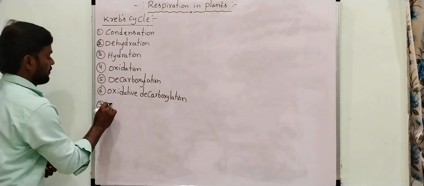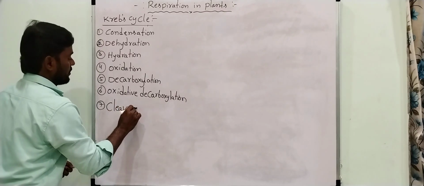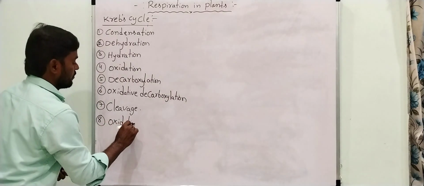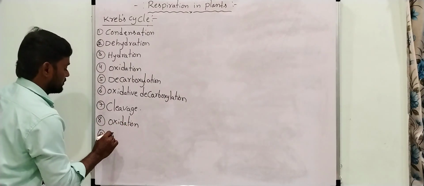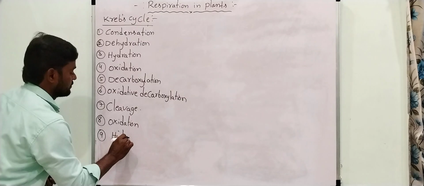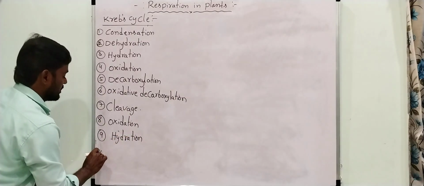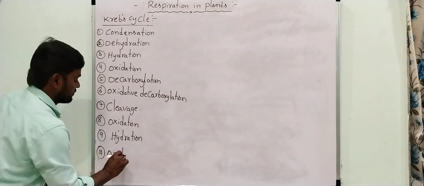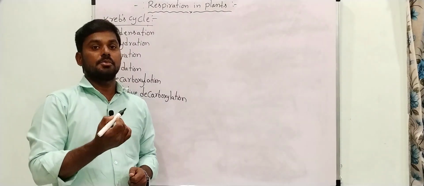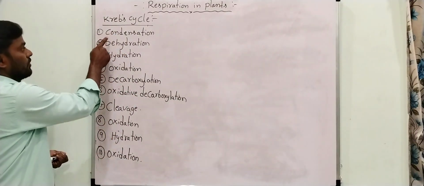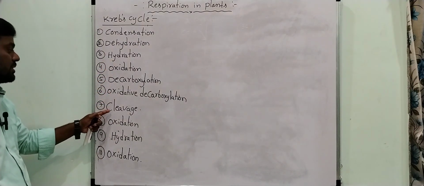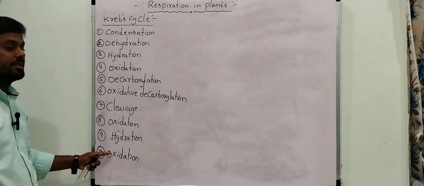Seventh one is cleavage. Eighth one is oxidation. Ninth one is hydration. Tenth one is oxidation. So these 10 reactions are involved in the complete Krebs cycle: condensation, dehydration, hydration, oxidation, decarboxylation, oxidative decarboxylation, cleavage, oxidation, hydration, oxidation.